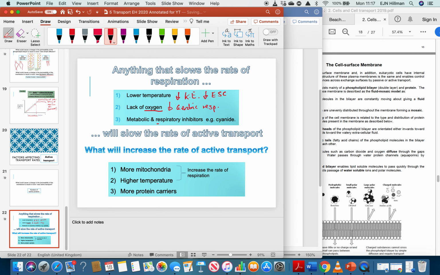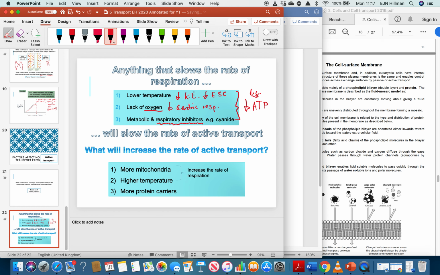This is a really good one to look out for. Some kind of respiratory inhibitor. That means it's stopping respiration. So again, less aerobic respiration. All three of these being there is less ATP. Less ATP or no ATP.